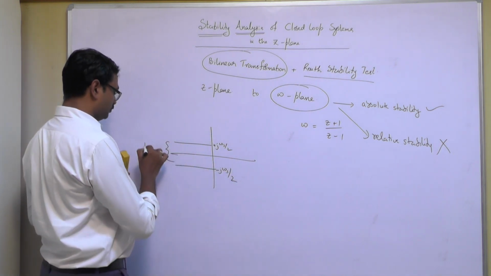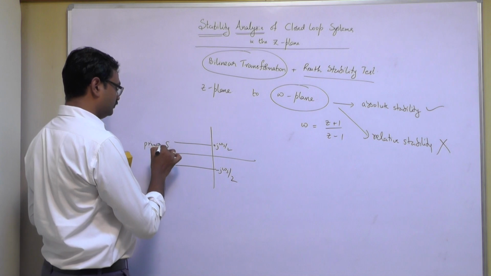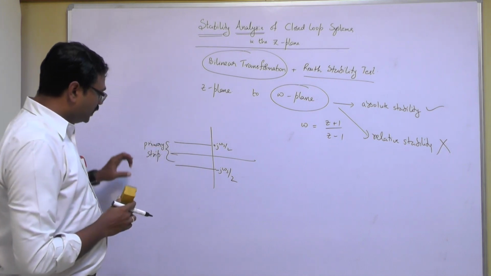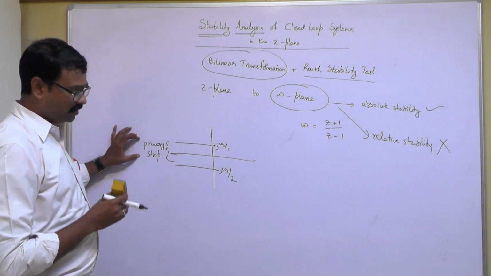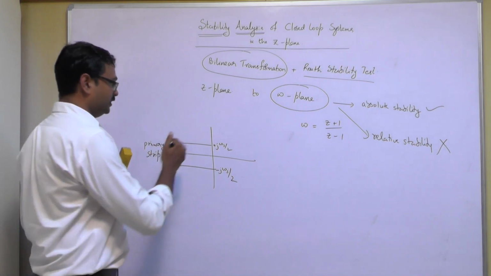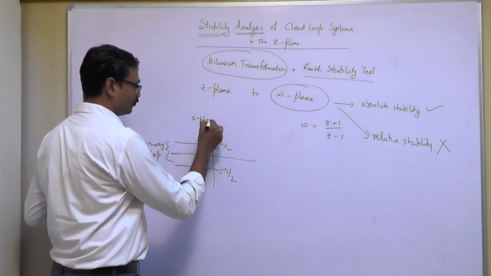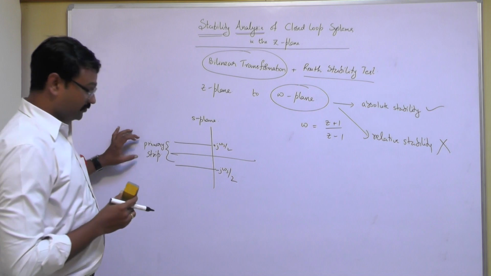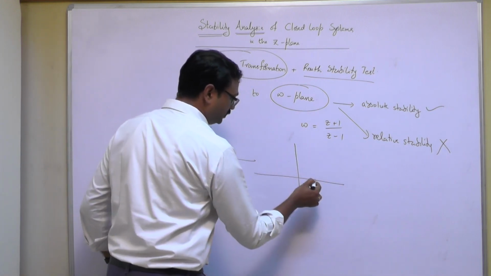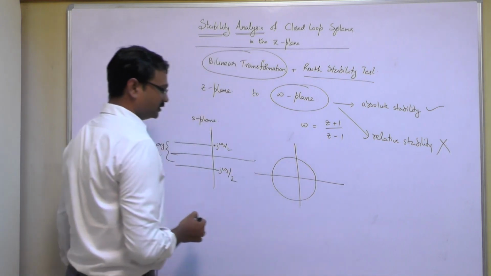This is called the primary step, which we studied in our previous lecture, right? All poles and zeros, all the values lying in the left half of the s plane, these are an infinite number of poles, and all these poles can be mapped onto the inside of the unit circle.